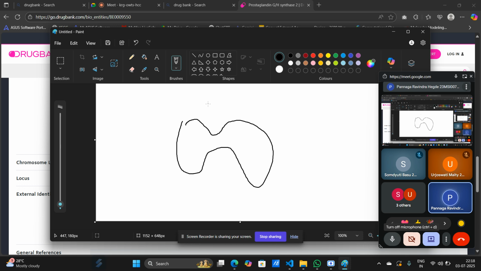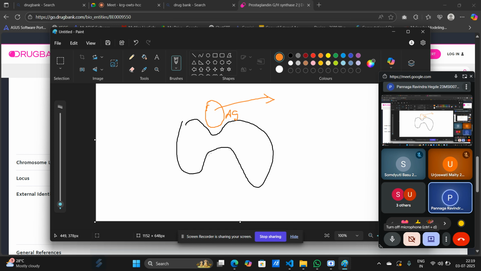I'll just use two different colors. Let whatever I have drawn in black be the enzyme. Only when a molecule comes and binds here on top where there is the active site, I'll just write AS, there is going to be a biological response, maybe an increase in the production of a product.